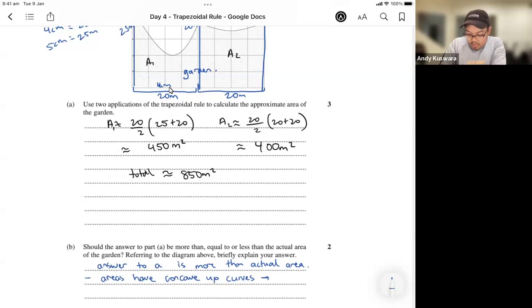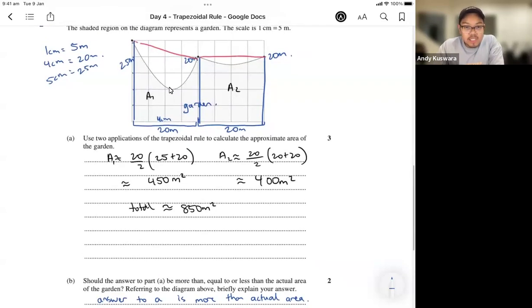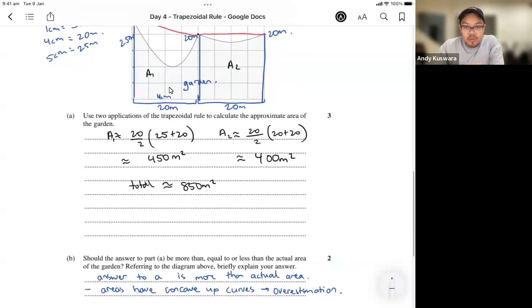And so that leads to an overestimation. Okay, and that would be that. If not, you're going to have to try your best to explain what's happening visually. But here, normally you want to talk about concave up would be an overestimation, and concave down will be an underestimation. Okay, so hopefully this makes sense.